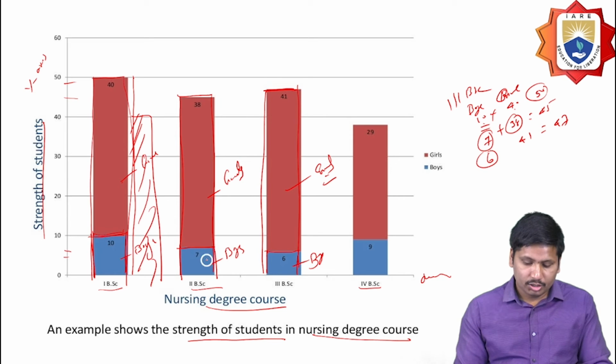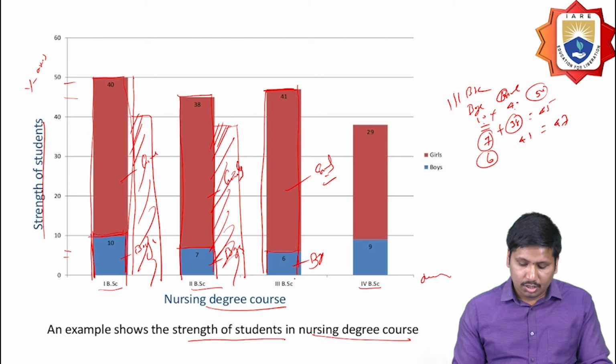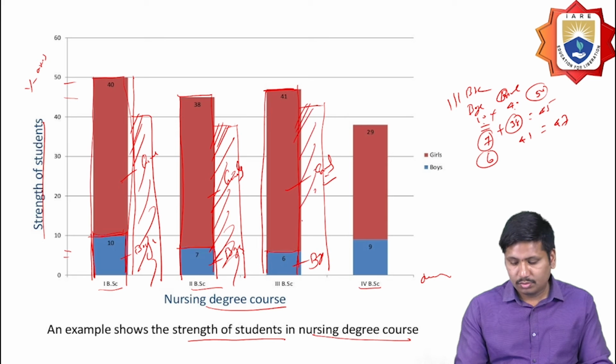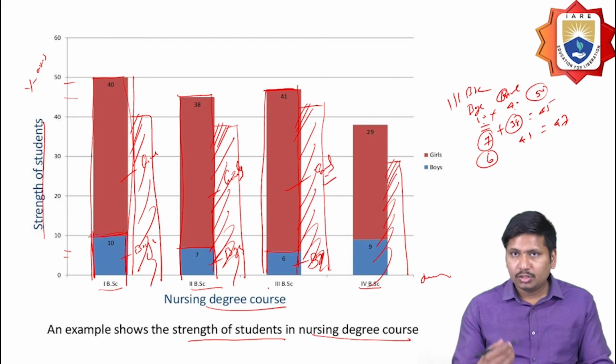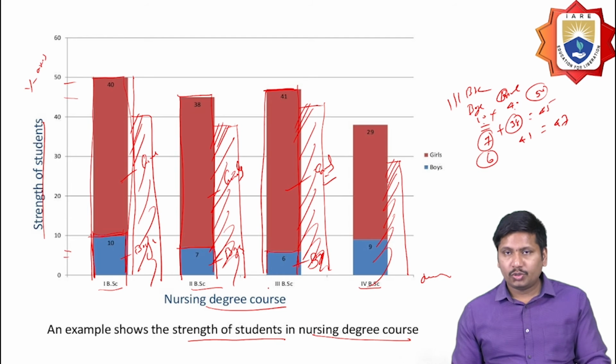Then 7 is boys and 38 is girls. And for 41 and 29. So in a single bar itself, I can show the representation.